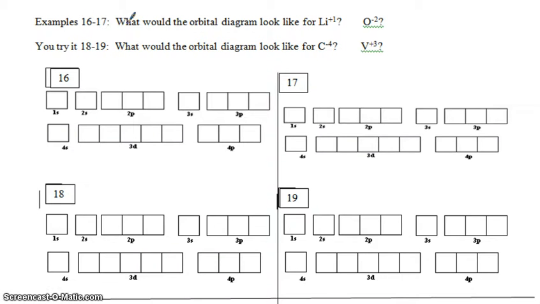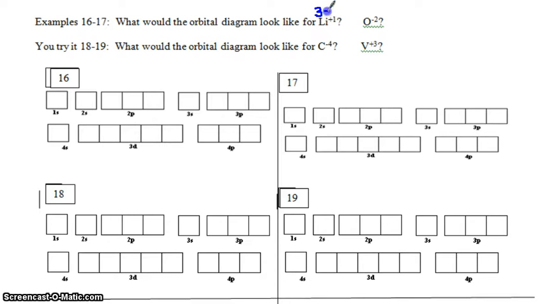16 and 17 says, what would the orbital diagram, and that's what we're drawing here with our little arrows, look like? And we have some ions here. We have charges. So we still have lithium. Lithium, before it is a charged ion, has 3 electrons. And electrons, remember, are negative. So the fact that this is positive 1 means it has lost one of its electrons.